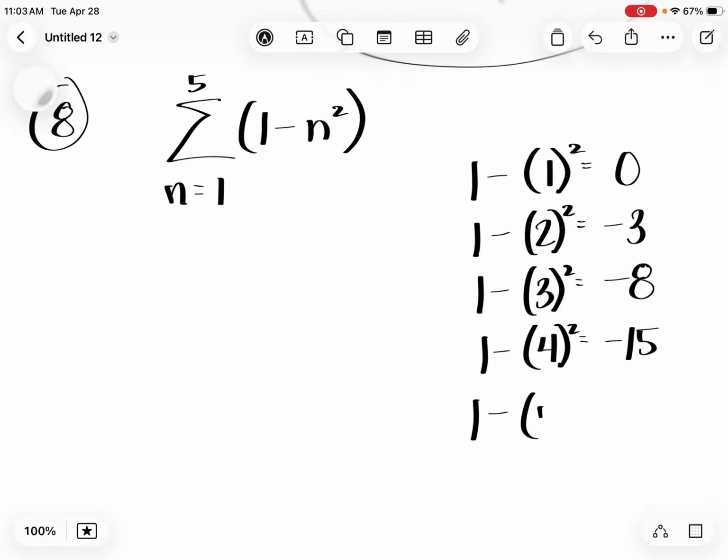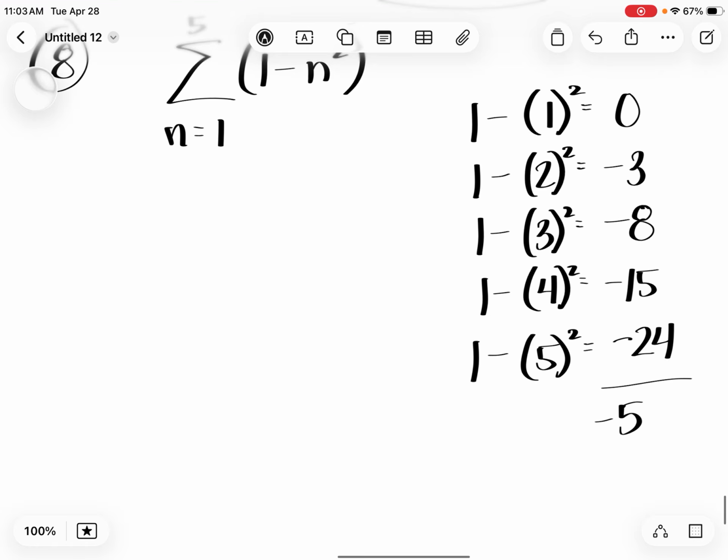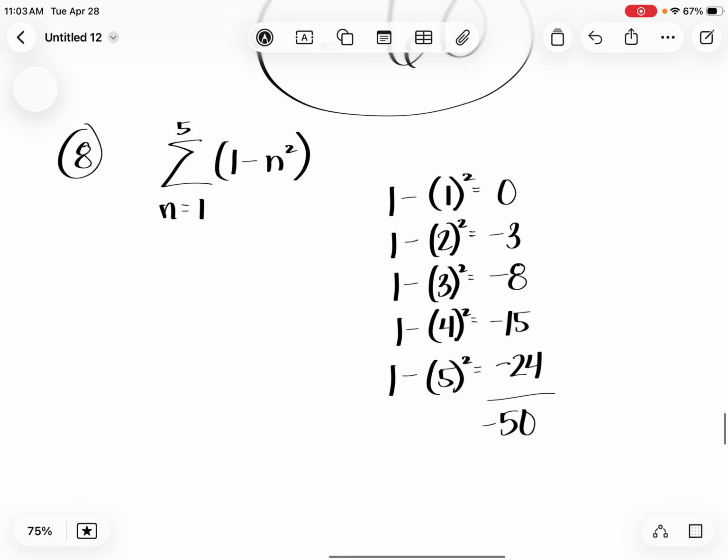And the last one, when I hammer that in, I get negative 25. Or 24, sorry. And then add them all together. So negative 24 minus 15 minus 8 minus 3 gave me negative 50. That's number 8.